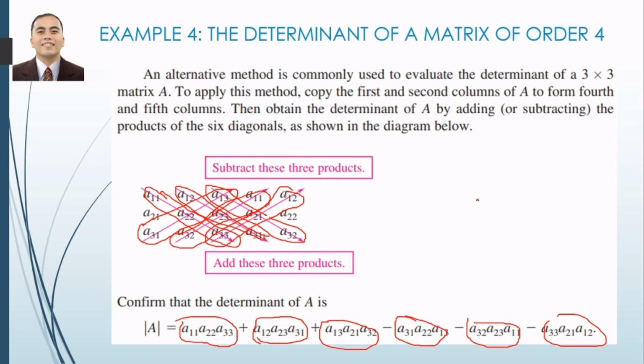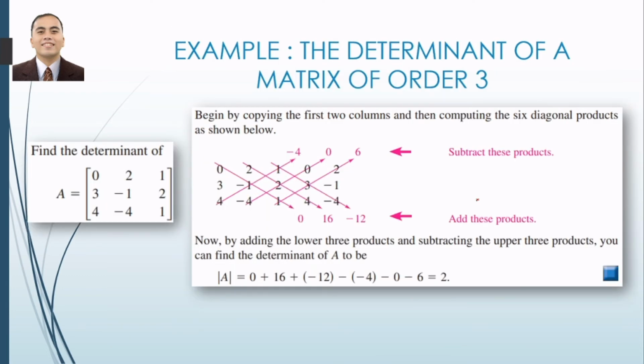So let's use the alternative method in solving this example. So again, we have matrix A: 0, 2, 1, 3, negative 1, 2, 4, negative 4, positive 1.